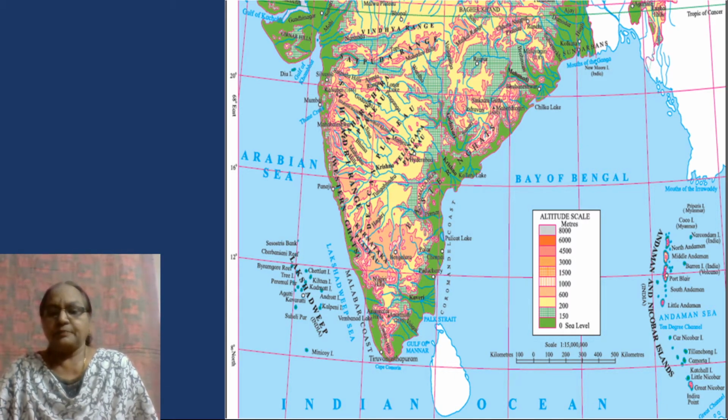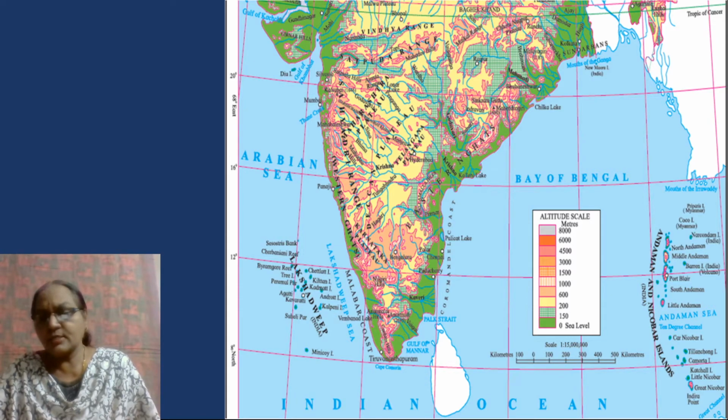Then what about the islands? We have two main groups of islands, in the Arabian Sea and the Bay of Bengal, called the Lakshadeep and the Andaman Nicobar Islands. Lakshadeep Islands are smaller, not very high, and they are atoll islands.